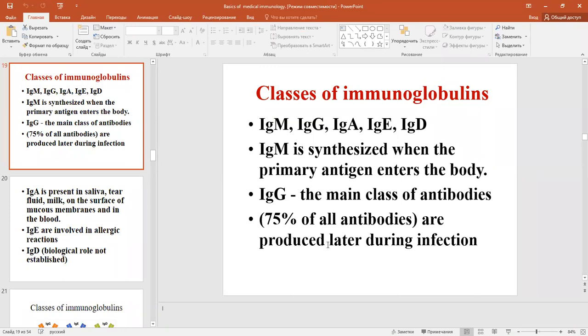Immunoglobulins G are produced later during infection, and they are detected in the chronic stage sometimes. So they indicate the last stage of infection. And they are named protective antibodies. They are able to protect.